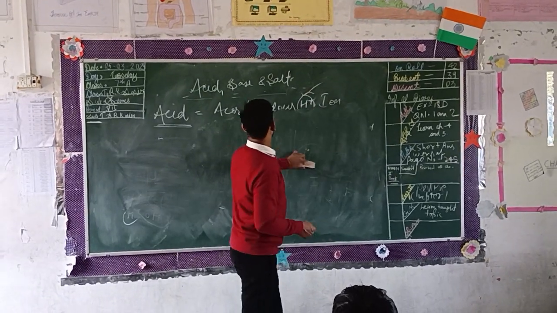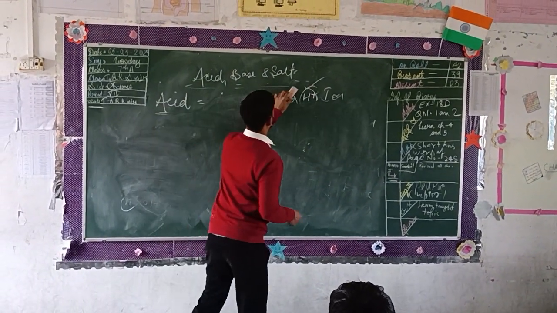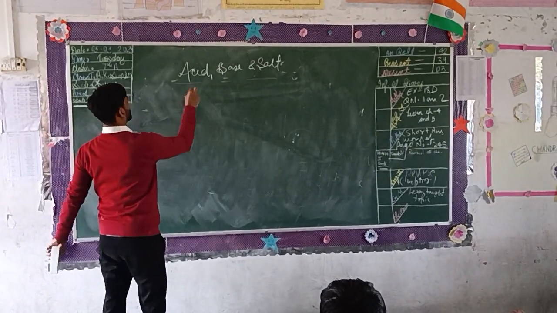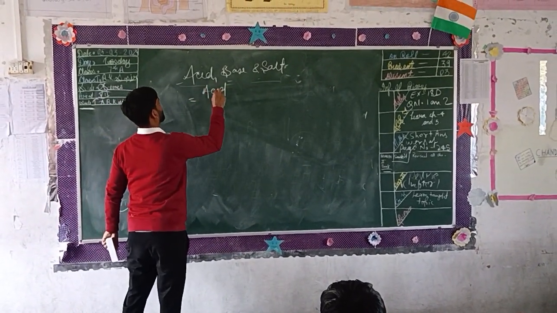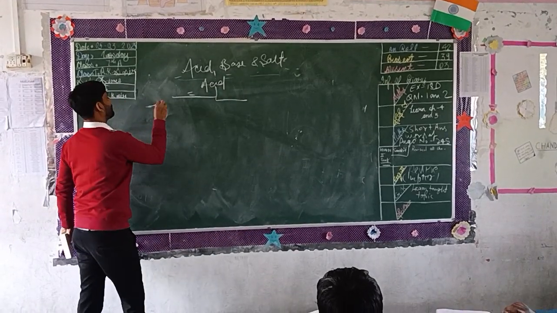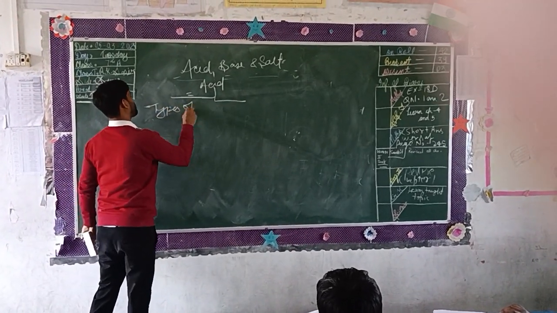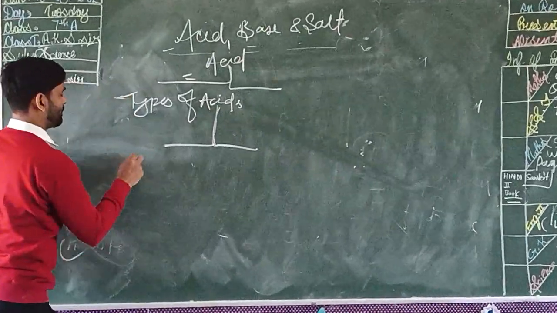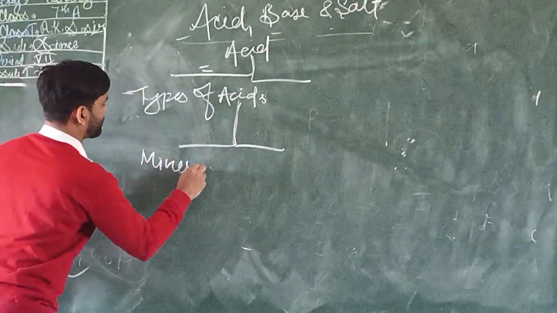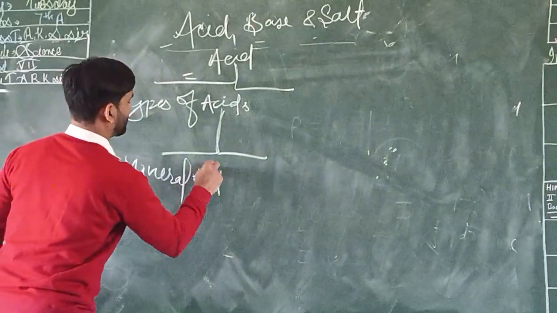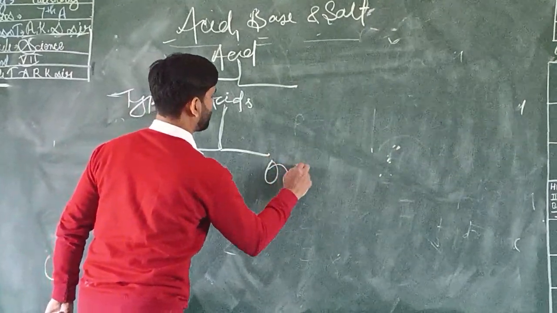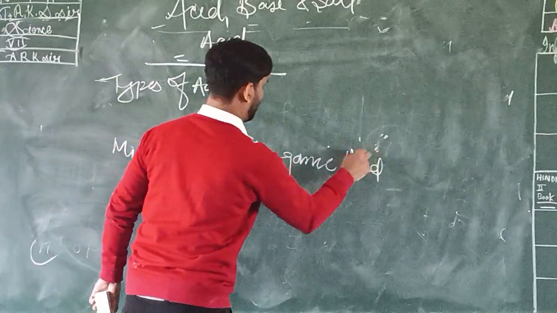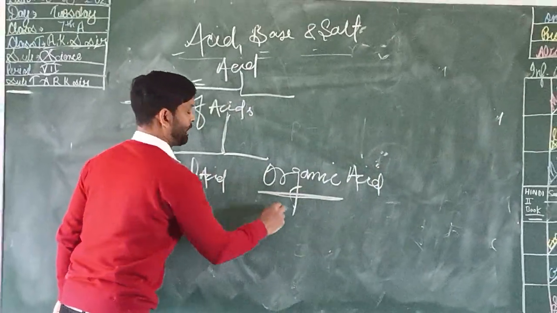So we'll talk about the types of acids: mineral acids and organic acids, also called natural acids.